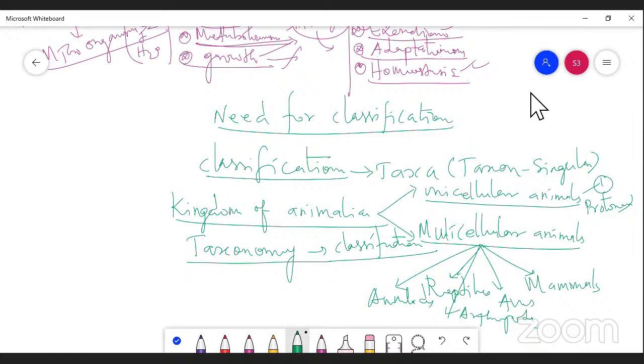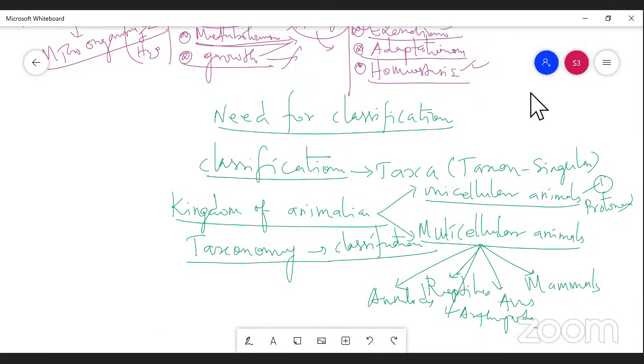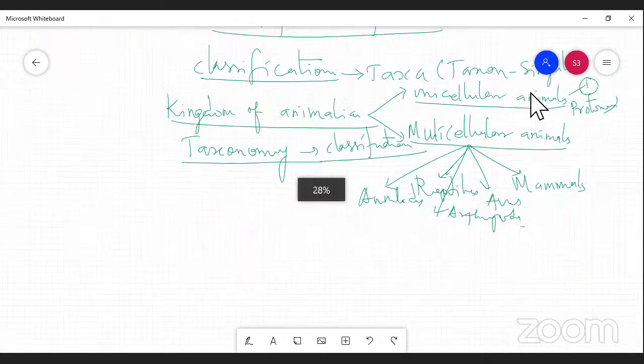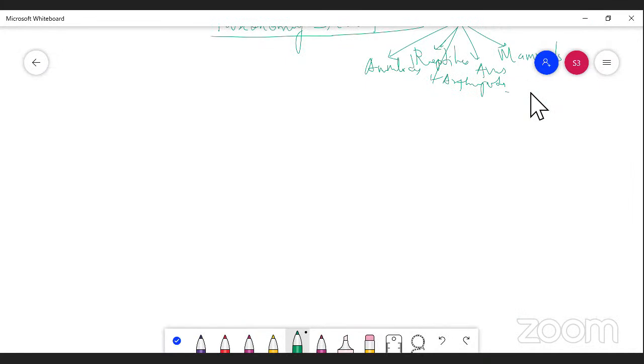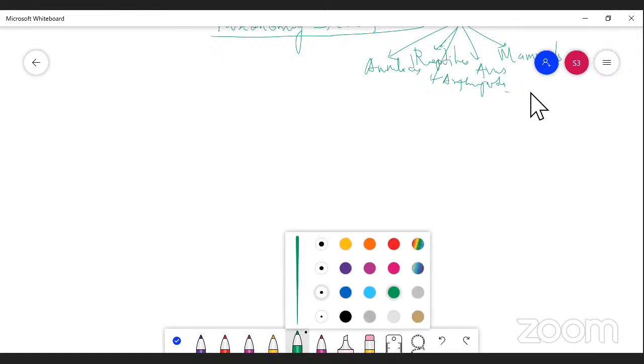Animals and plants, we should classify either animals from plants. To classify with categories at different levels, we need some key points and some key characters. Then only can we classify the animals and plants. First is the basis of taxonomical studies.